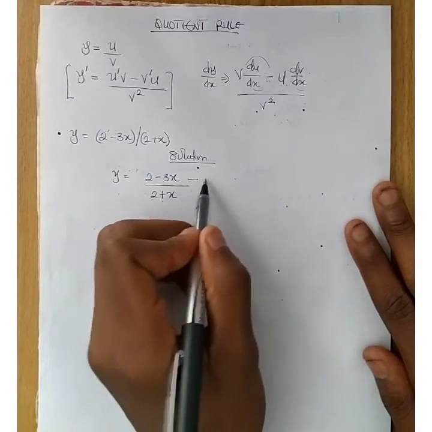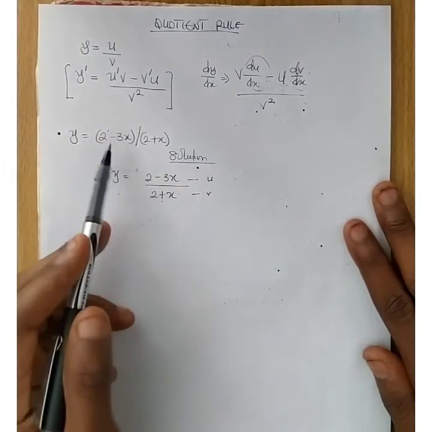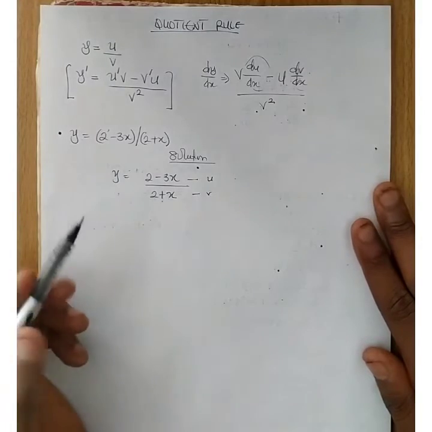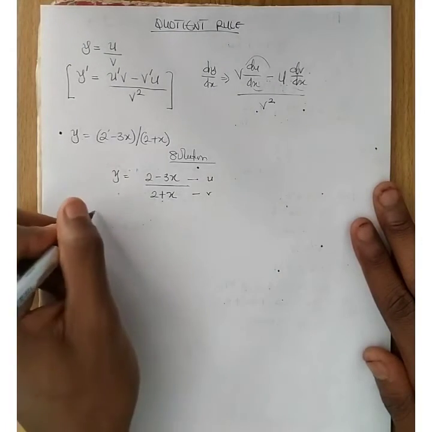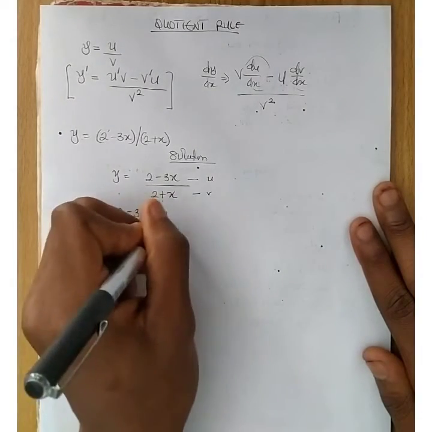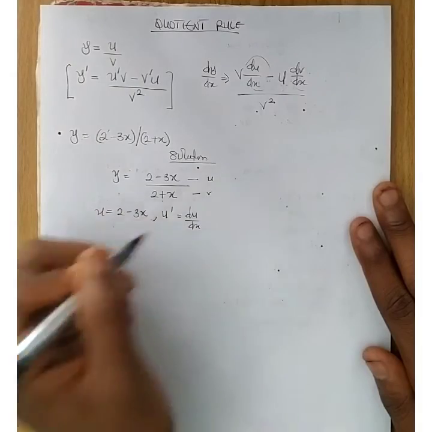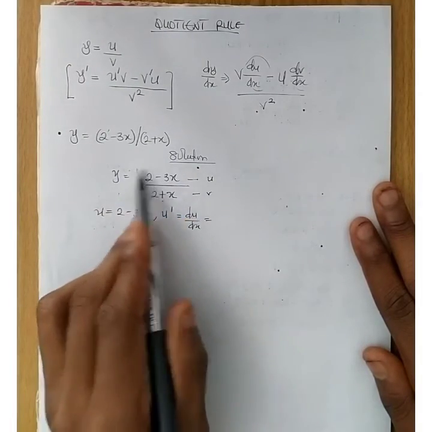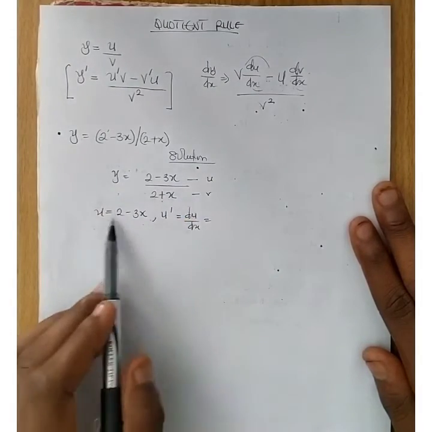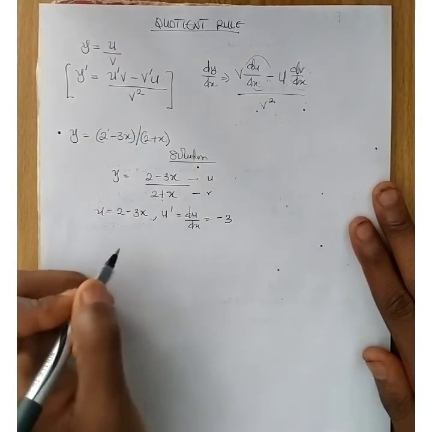Now we can term this to be function u and we can term this to be function v, so that we'll apply our quotient rule and get the answer easily, straight up. So if u is 2 minus 3x, then u prime will be what? The derivative of u with respect to x is going to be what? The derivative of this 2 is 0. The derivative of minus 3x will be minus 3, right?